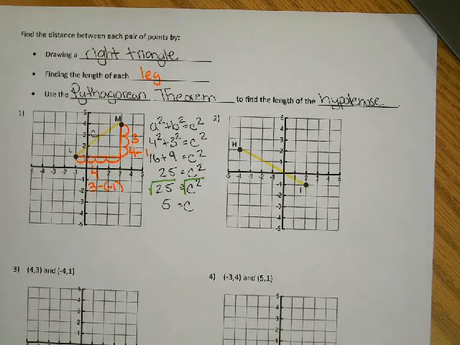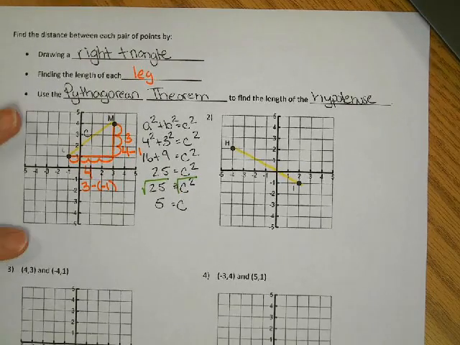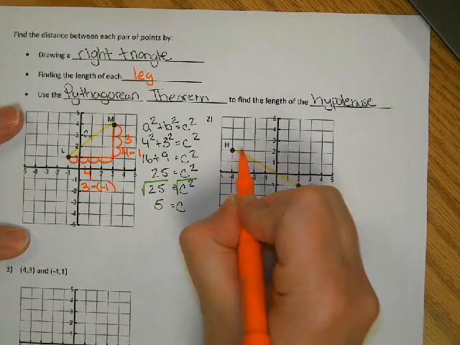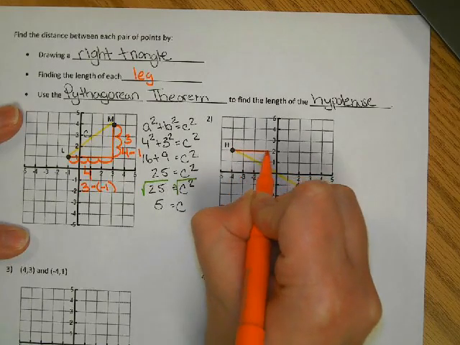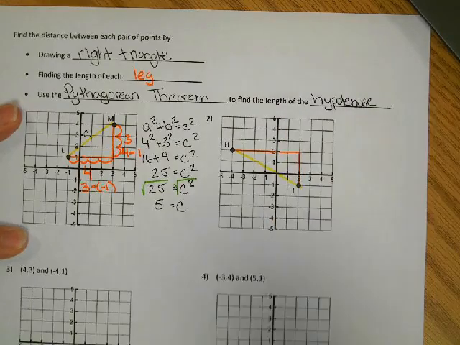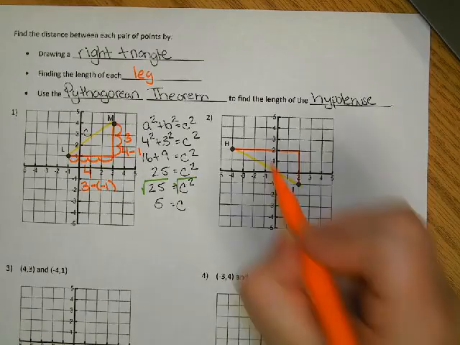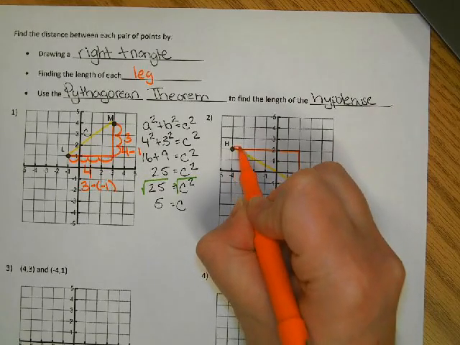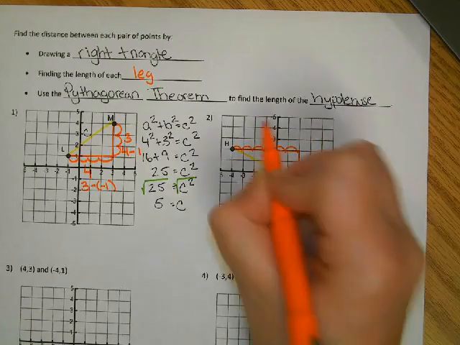All right, so let's see. Let's go to the right and down. Okay, so how long was this side? 6.